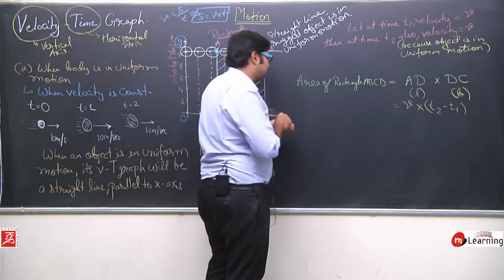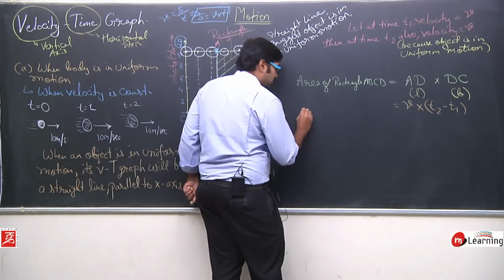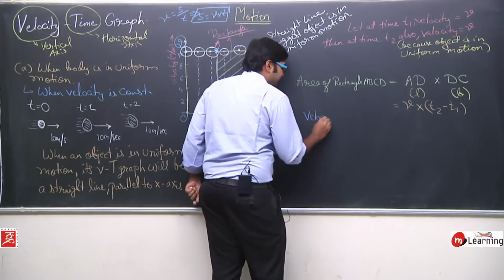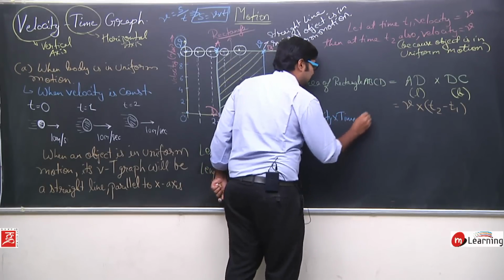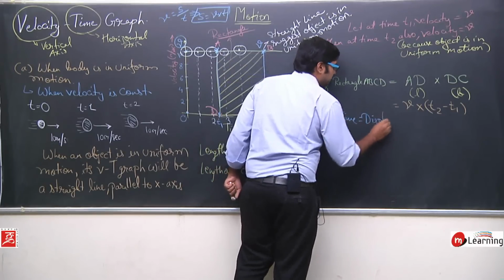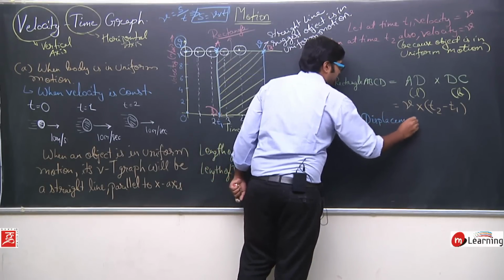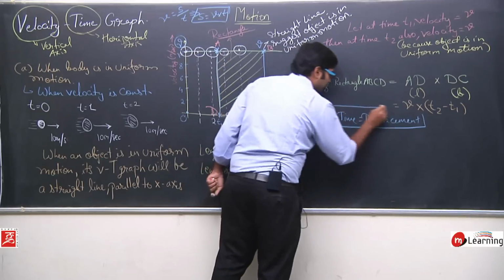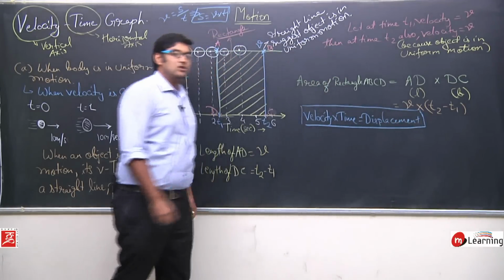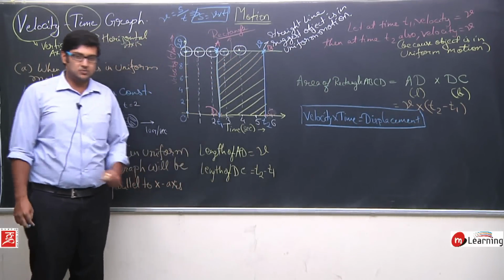In simple language, velocity into time is basically displacement. This is a very important rule. Velocity into time will give you the displacement.